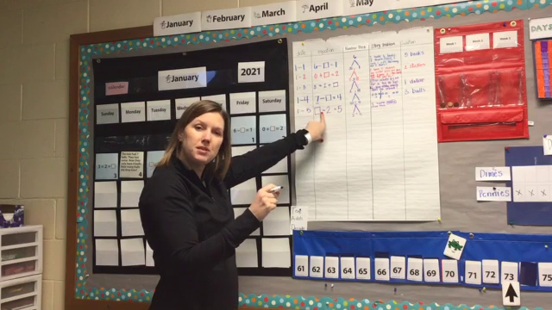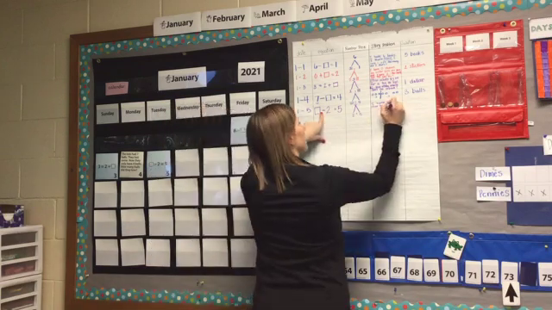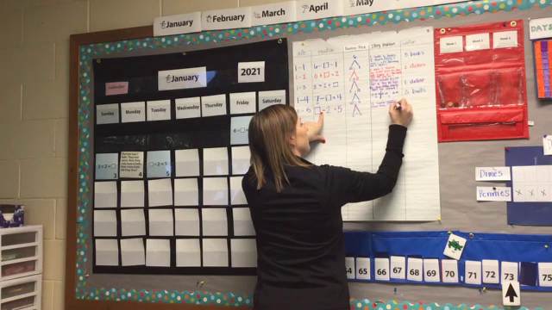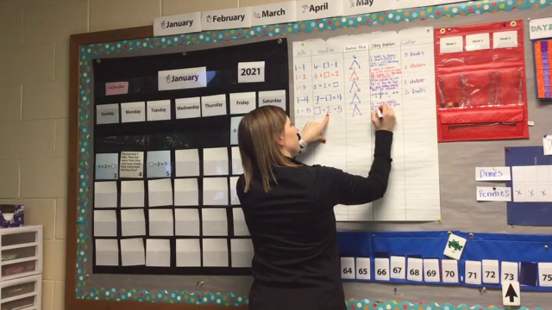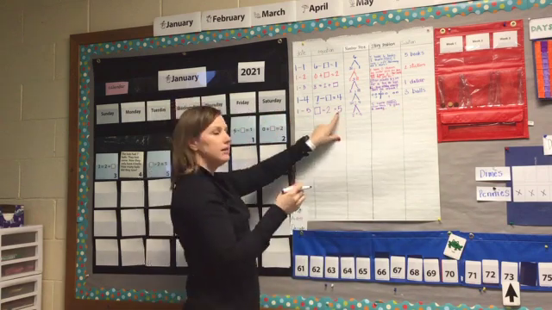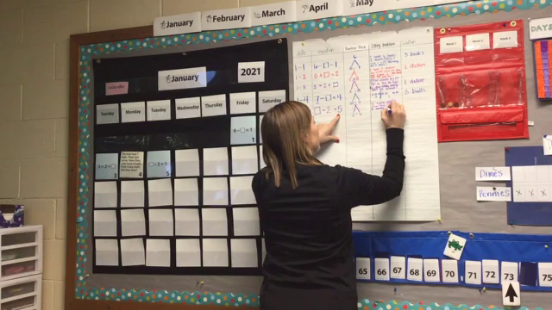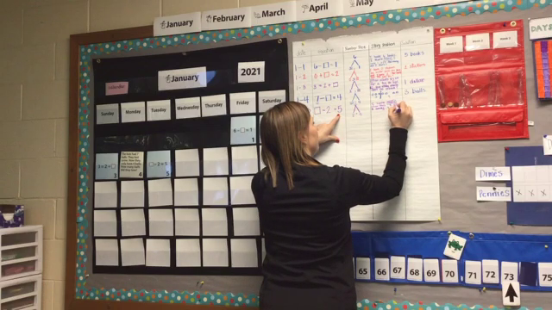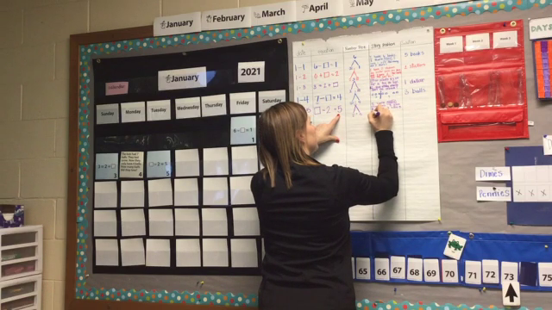Okay, subtraction means we take away. I give 2 away. Okay, so I had some, I gave 2 away. Now I have 5. So I can say I have 5 left.